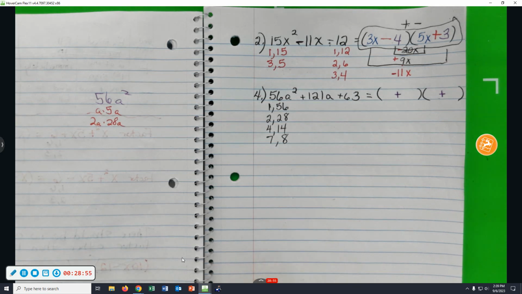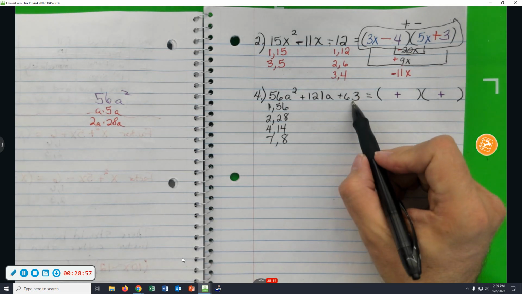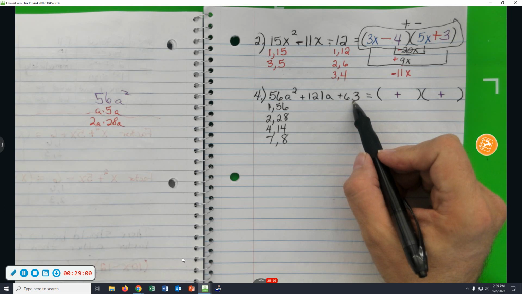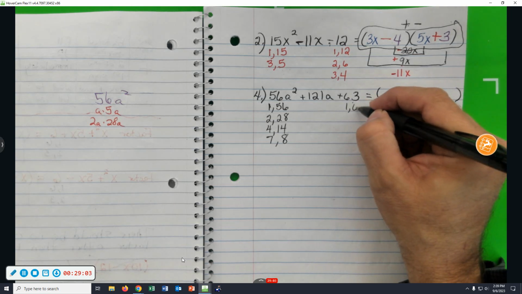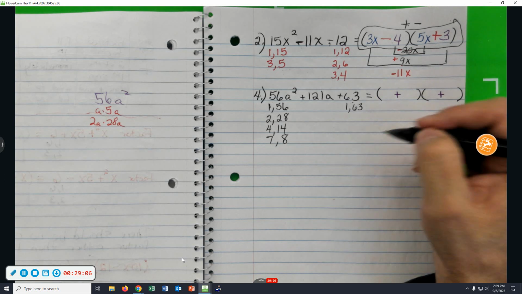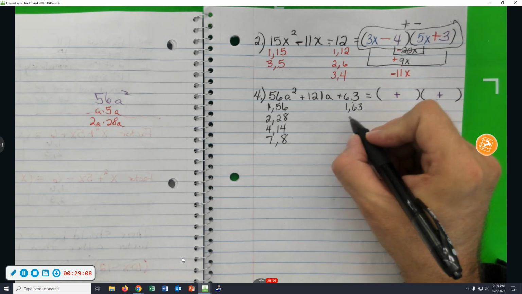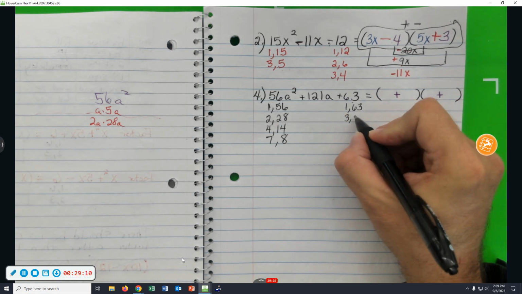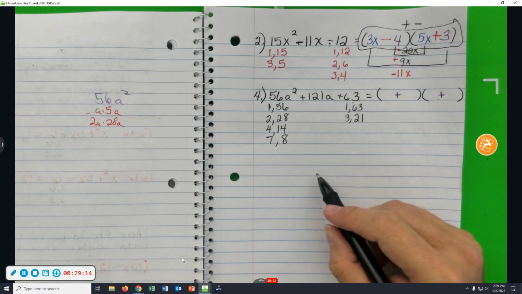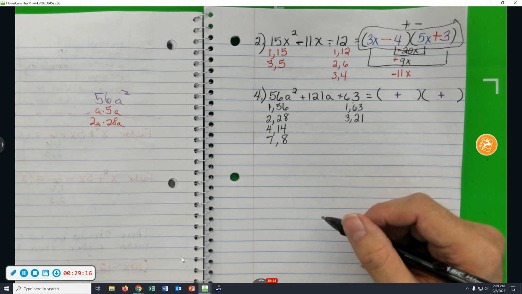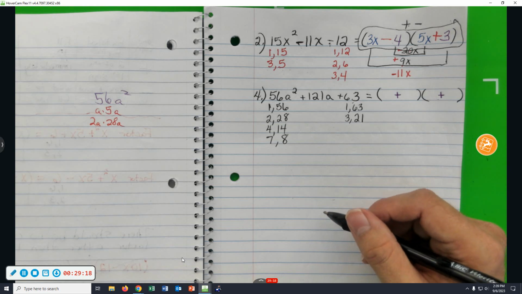Okay. Now, I'll do the same thing with 63. A lot of numbers multiply together to give 63. 1 times 63. 2 doesn't divide into it. What about 3? 3 times 21. 7 and 9, is that it?